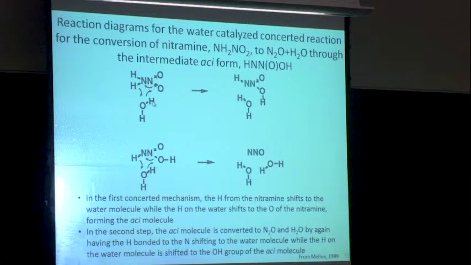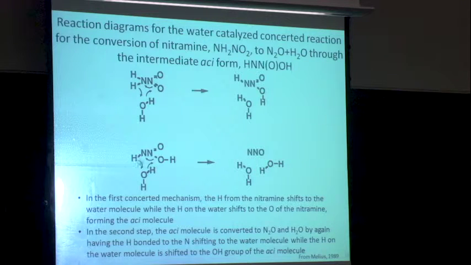The proton H here gets transferred to the oxygen here, and the hydrogen on the amine gets transferred to the oxygen of the original water, and I end up in the products then just having water again. But what I've done is really gone through an isomerization process where the hydrogen atom has moved across, and now it's to form a hydroxyl group to form what's referred to as the acid form of the nitramine.